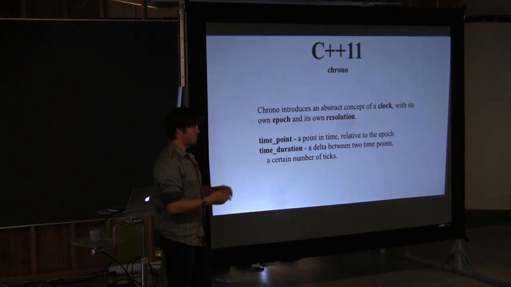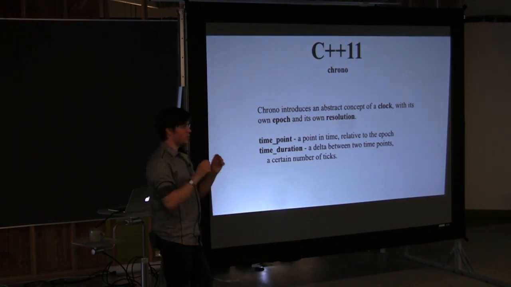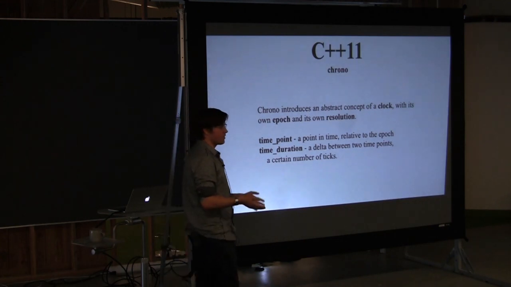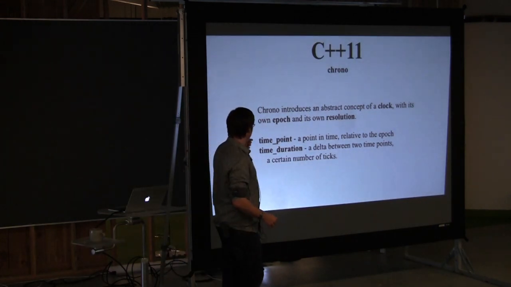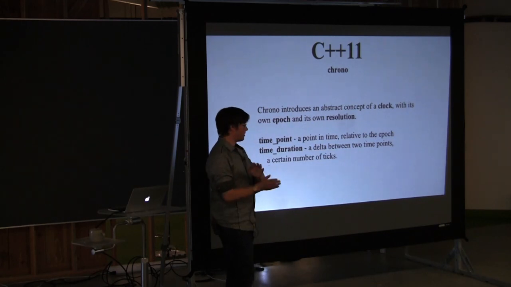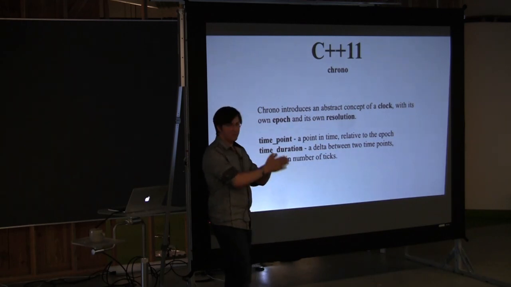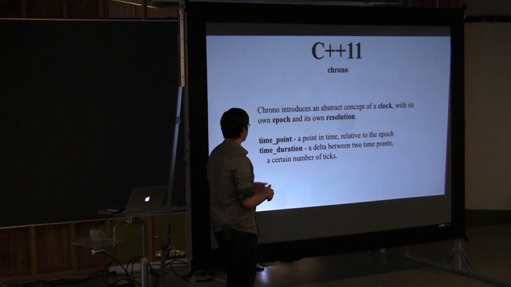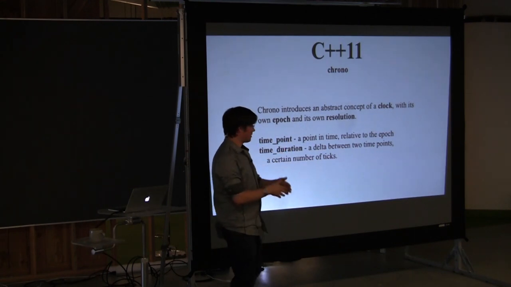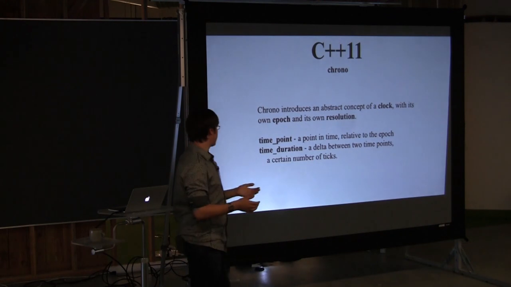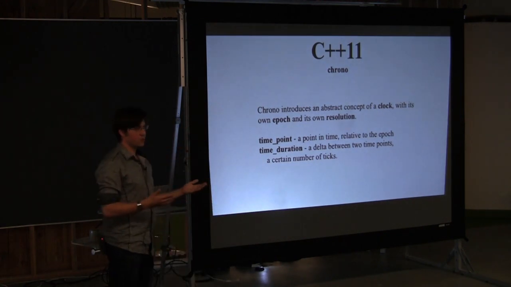The resolution is, this is one tick, and this is how many seconds or nanoseconds each tick is. It introduces two types called time_point, which is a type representing a point in time, typically relative to the epoch, and duration, which is the difference between two time points, or also just a certain number of ticks.